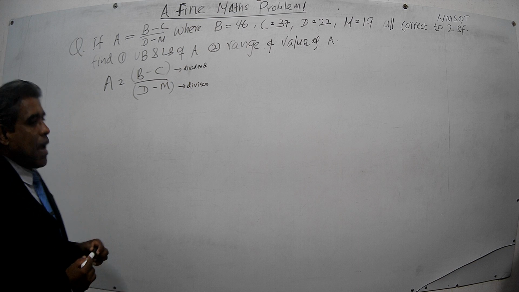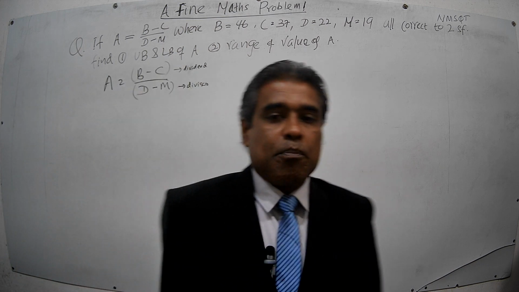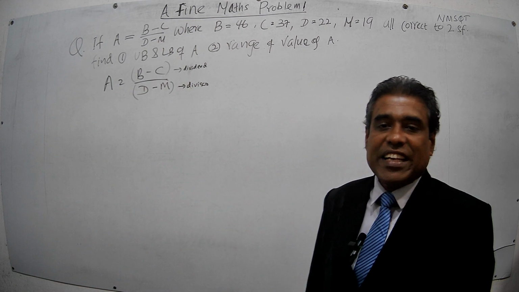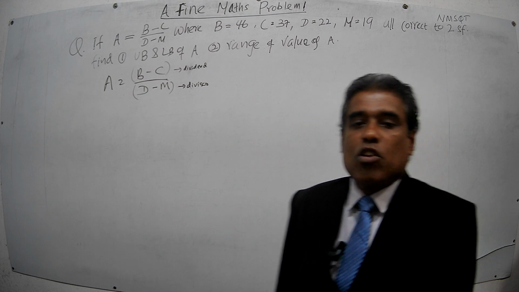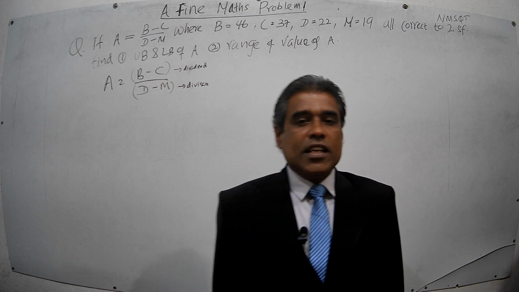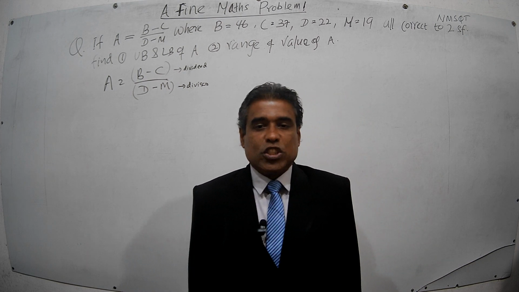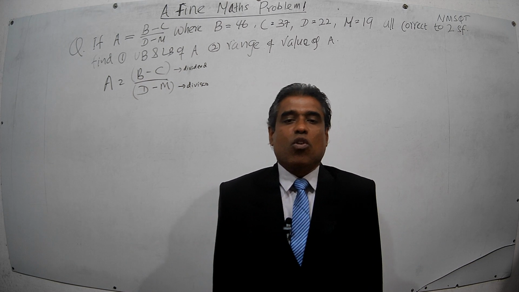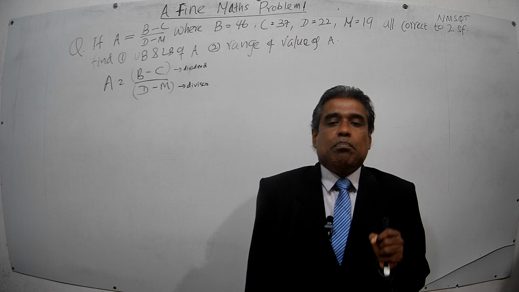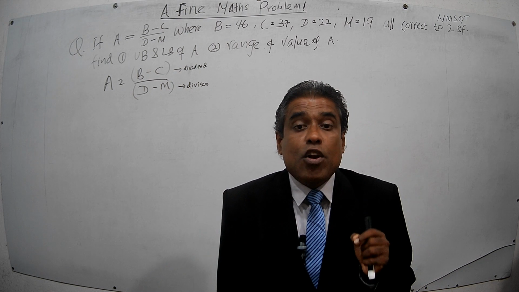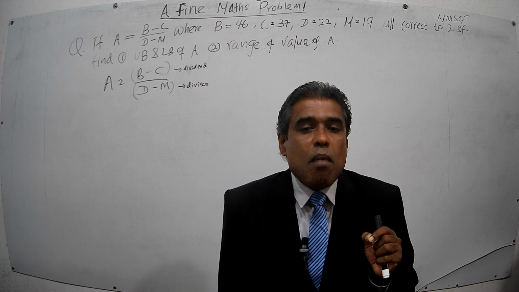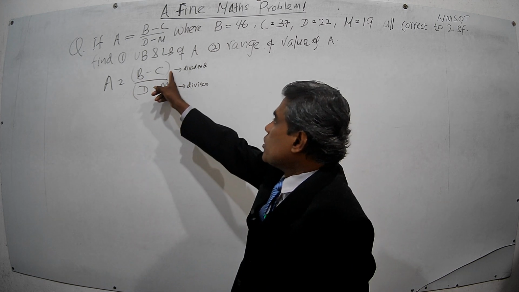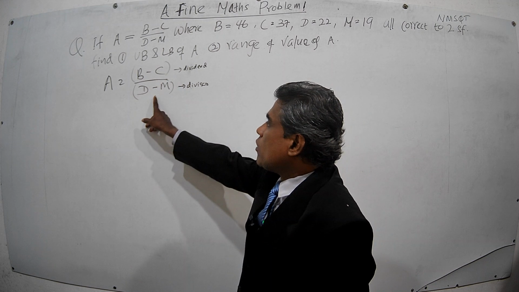Therefore, what applies here are the principles of finding the upper bound and lower bound of a quotient. What is the formula for finding the upper bound of a quotient? Upper bound of quotient equals upper bound of the dividend divided by lower bound of the divisor.